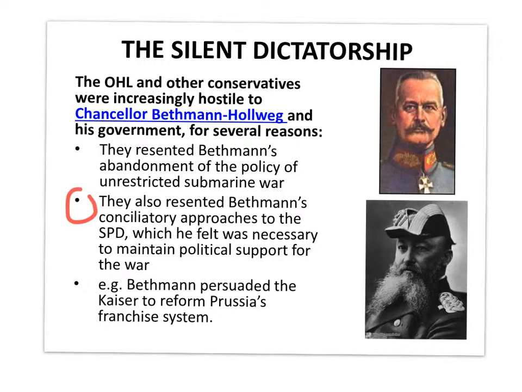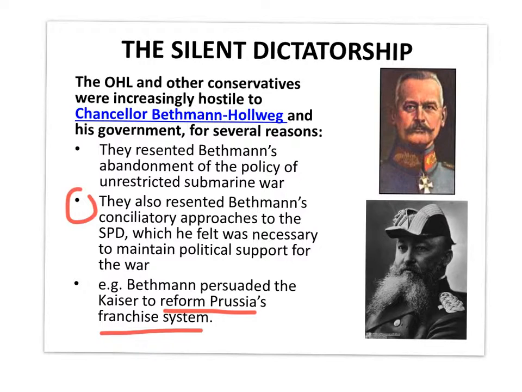Bethmann wasn't daft. He realised that he needed to work with the SPD, so he increasingly made overtures in the Reichstag to give the SPD what they wanted. For example, he promised to reform Prussia's voting system, which was very much weighted in favour of the upper classes.